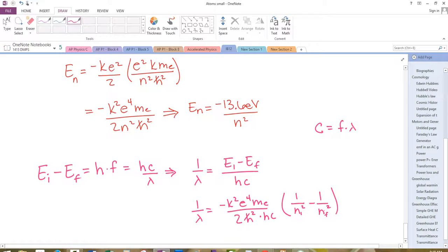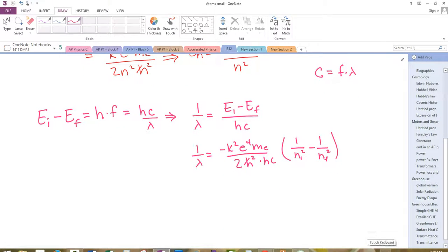If you plug in all of these numbers carefully, what do you think that value comes out to be?